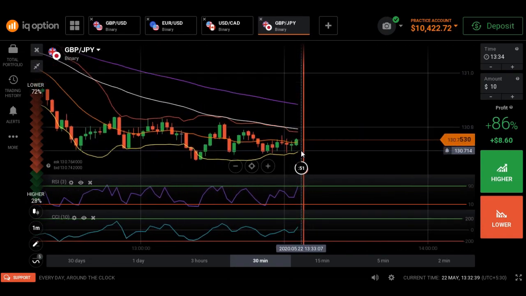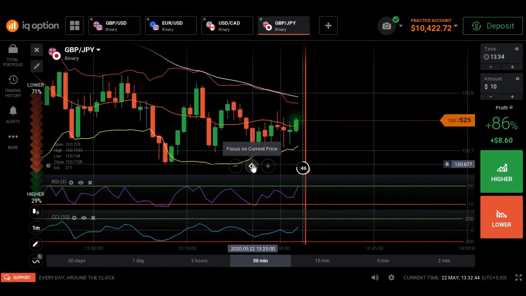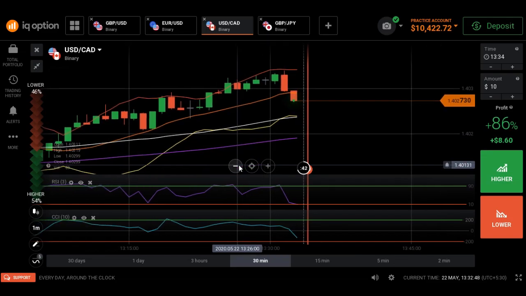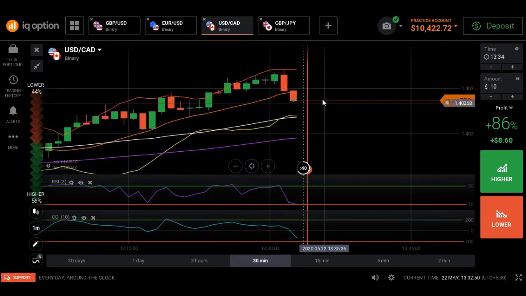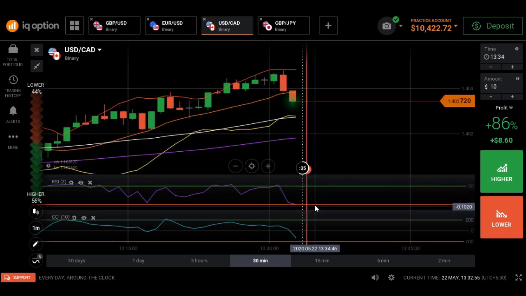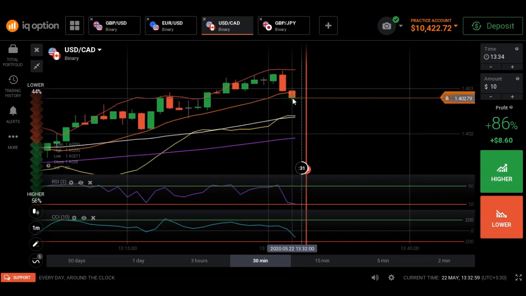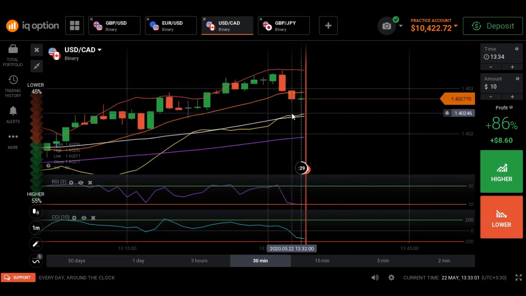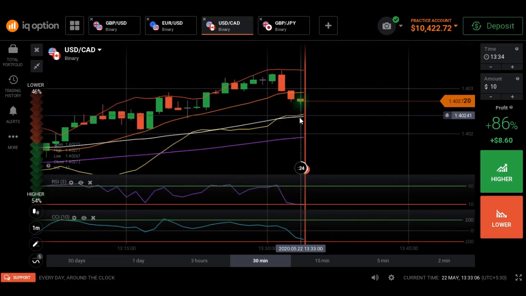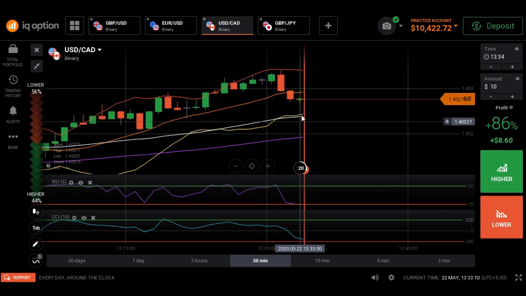Okay, now we can see this RSI has already touched but CCI has not, and we need this candle to reach the bottom line of the Bollinger Band.